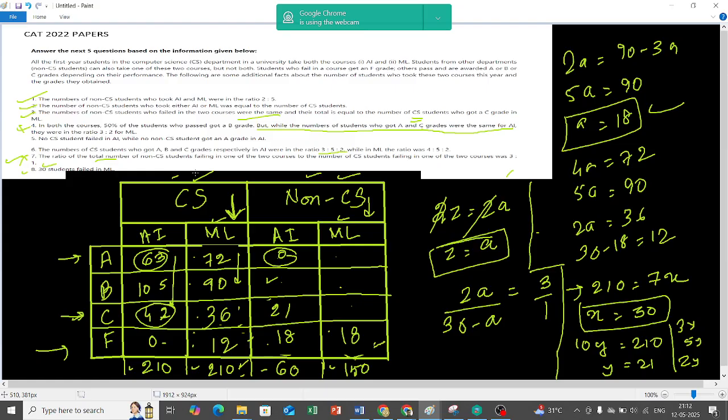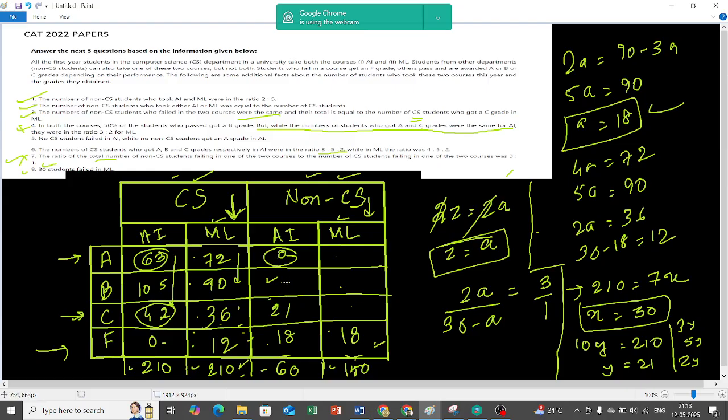Sir, 39. And how did you do that? Sir, 21 plus 18 plus 0, all 60 से minus, so कर 39 दिया. तो 21 प्लस 18 करने से 39 होता है.